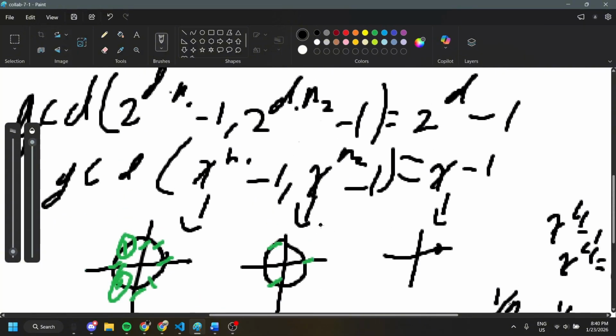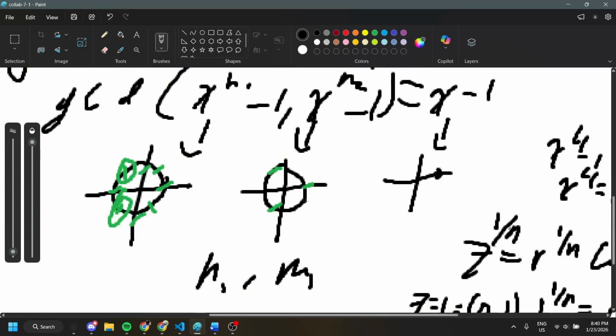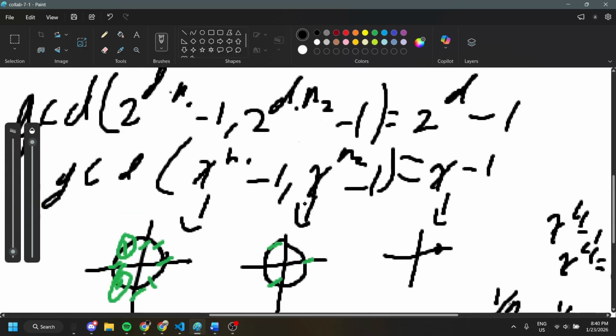The greatest common divisor of these, yeah.